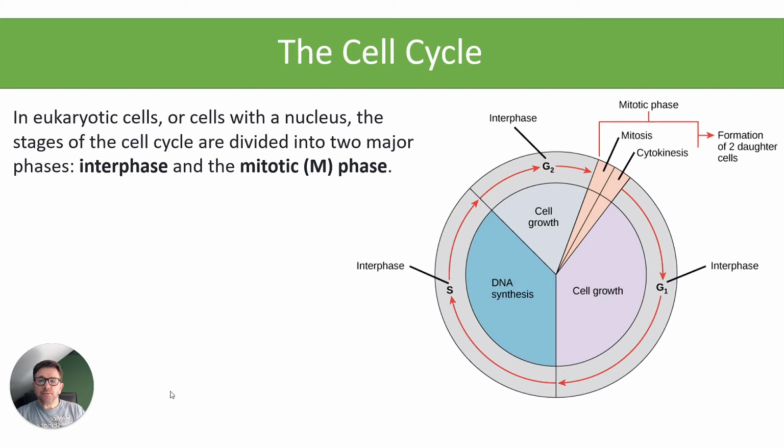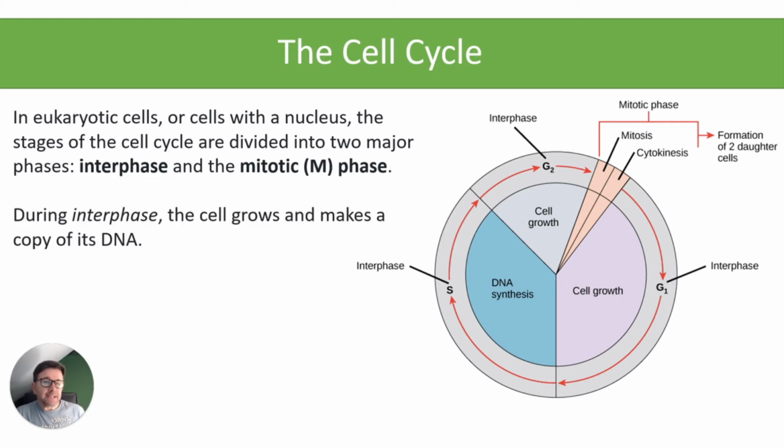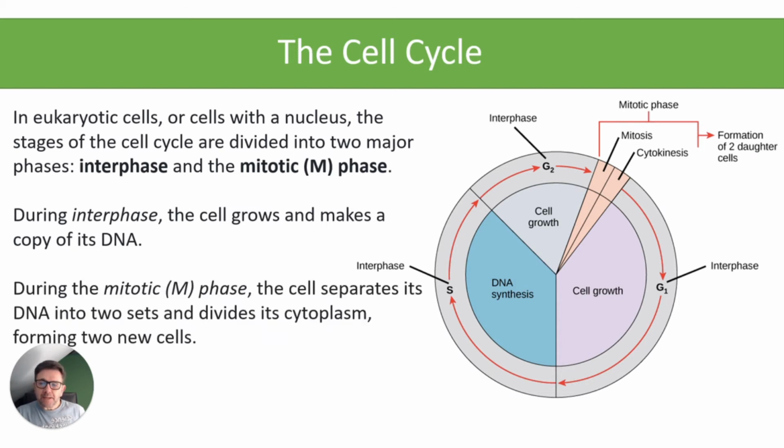The cell cycle occurs in eukaryotic cells, or cells with a nucleus. It is divided into two major phases: interphase and the mitotic phase, or mitosis. During interphase, the cell grows and makes a copy of its DNA. During the mitotic phase, the cell separates its DNA into two sets and divides its cytoplasm, forming two new cells.